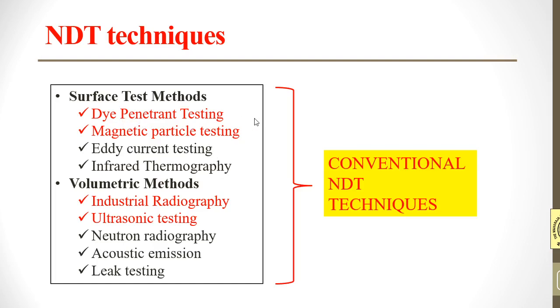The techniques marked in red, we will be studying in detail, whereas others, which are marked in black, will be discussed in terms of a quick overview, just for the sake that you should know the names and principle and where it is used.